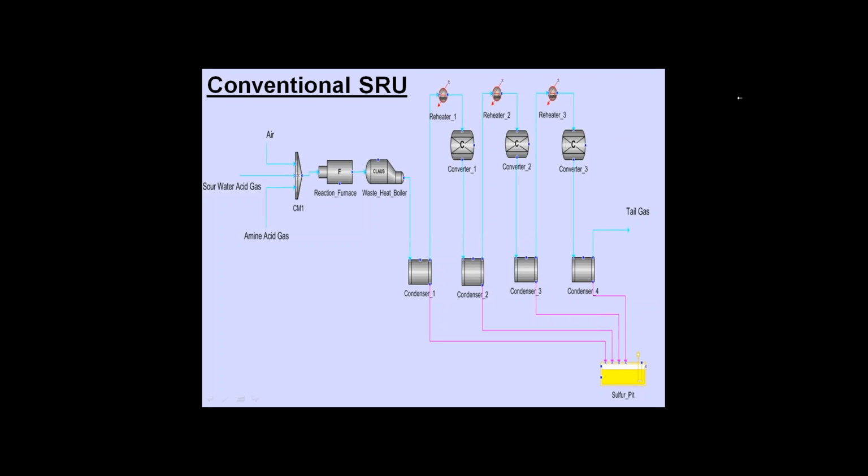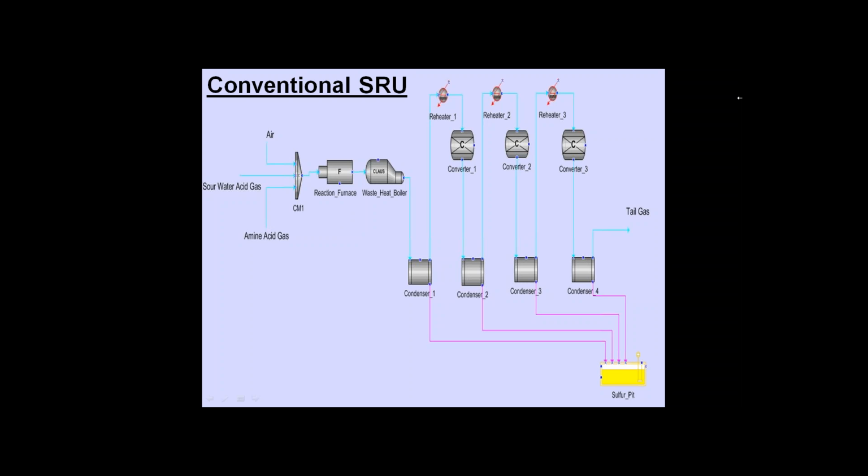You see at the front, we mix our feed streams, amine acid gas. If we're dealing with a refinery, most refineries also process an additional feed stream, our sour water acid gas. We mix those streams and burn them with an appropriate amount of air, such that everywhere downstream in our process, we are able to react 2 molecules of H2S and 1 molecule of SO2.